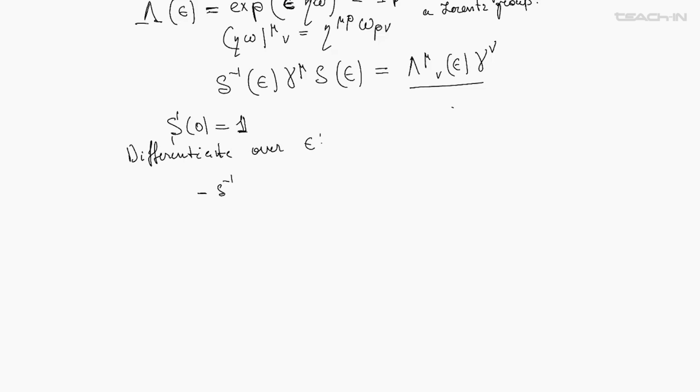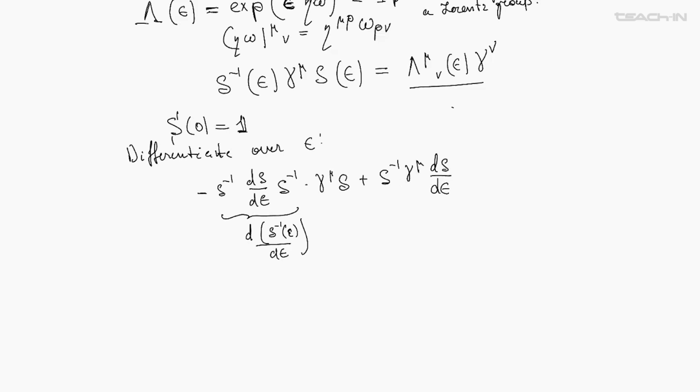This is the derivative of S^{-1} with respect to ε, times γ^μ multiplied by S. Plus, now I do not touch S^{-1} γ^μ, but I differentiate S. And this is the derivative of the left-hand side. And on the right-hand side, I will get dΛ^μ_ν/dε multiplied by γ^ν.